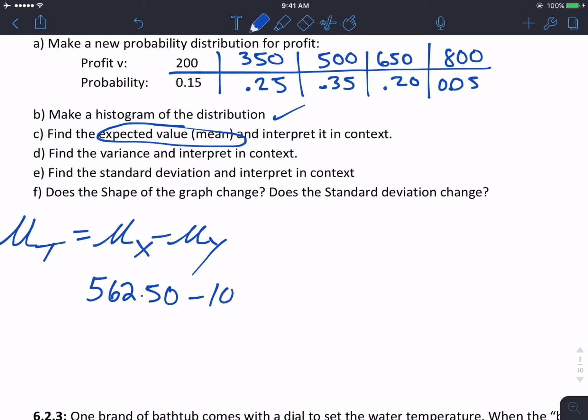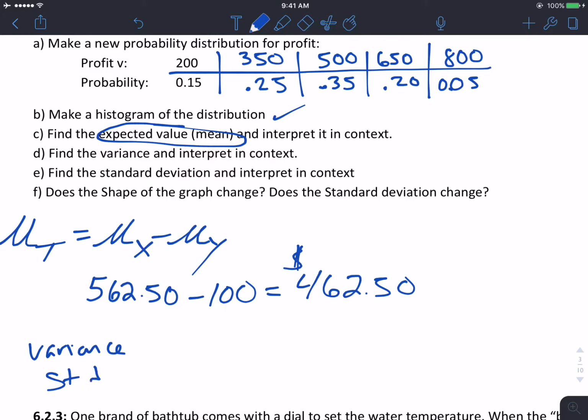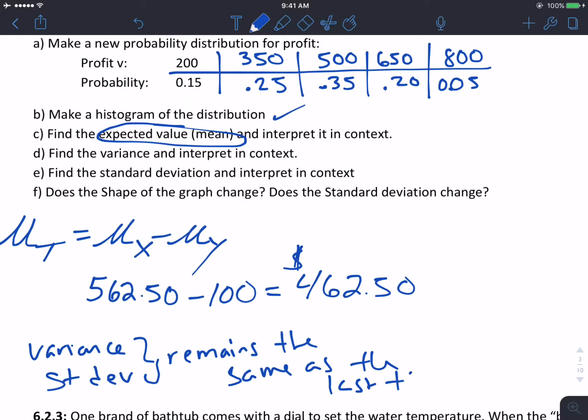Then I could literally just take $100 off of it because everything is being shifted by the same amount. And since everything is being shifted by the same amount, that means our variance and our standard deviation remain the same as the last problem.